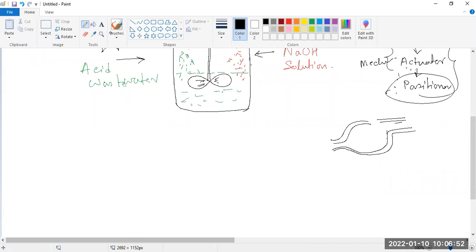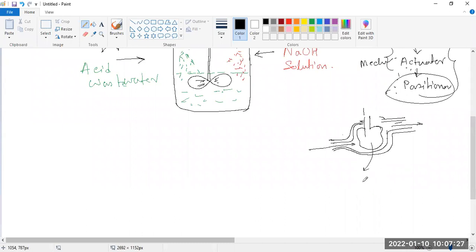So this is input, but output is given when this valve goes upward.